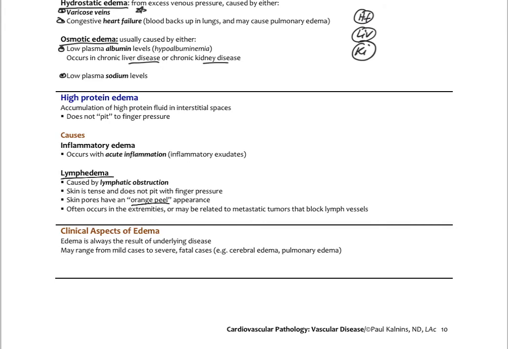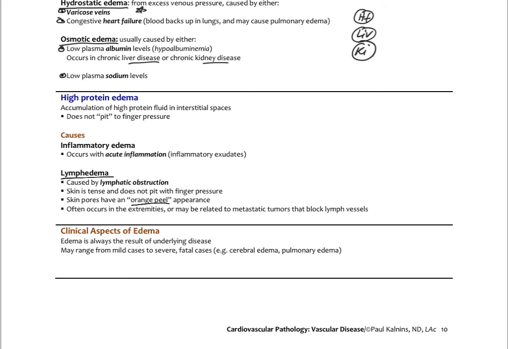This can be the result of various things. So metastatic tumors blocking the lymphatic vessels, or, very rare in the United States, you could have filariasis worms. This is what causes elephantiasis. All of that can block the lymphatic vessels.